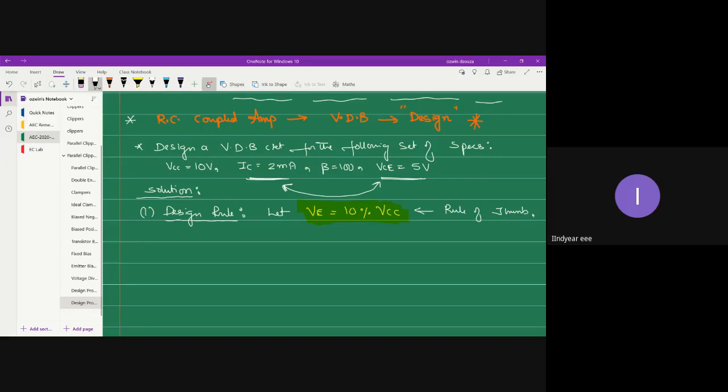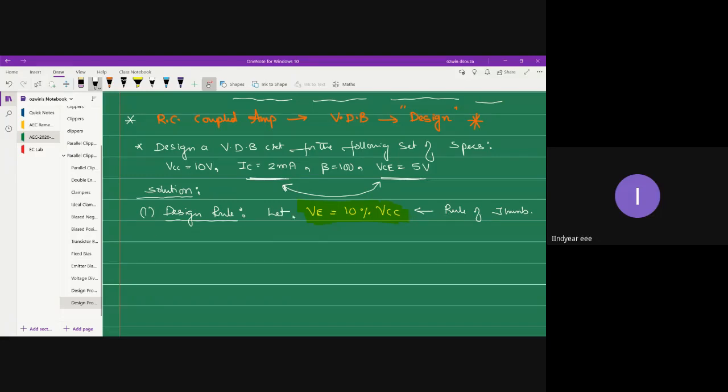There is no scientific theory which can support this assumption, but the practical results support it. Theory cannot be derived, but from practicals we can say that whenever we assume this condition, we will get favorable results. That's called rule of thumb. No question asked, but you have to consider it.